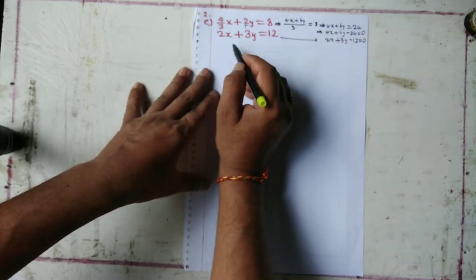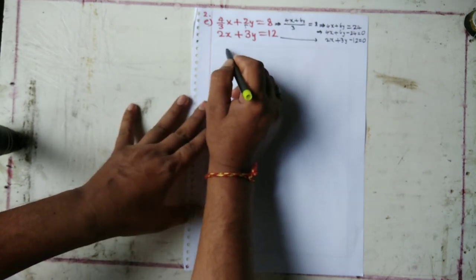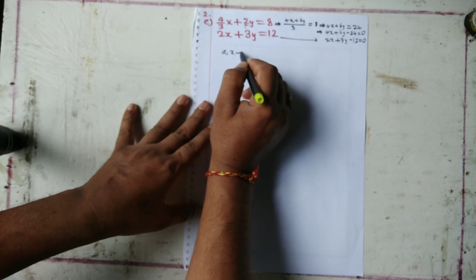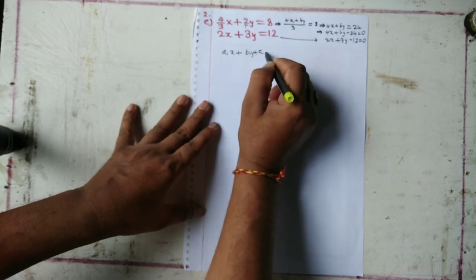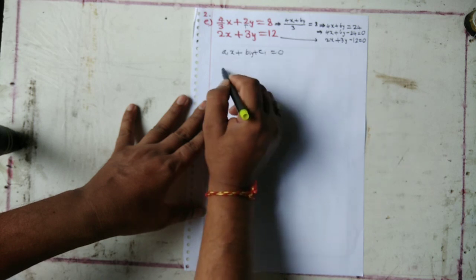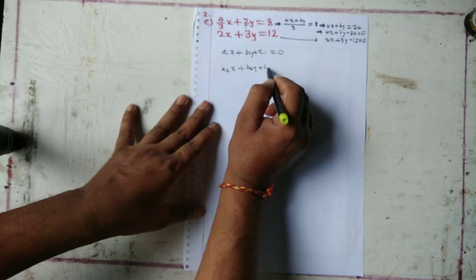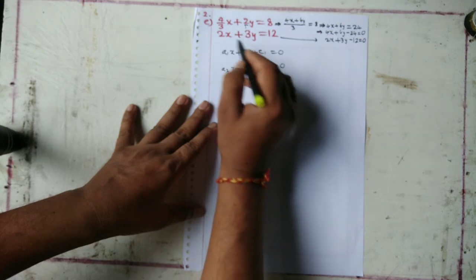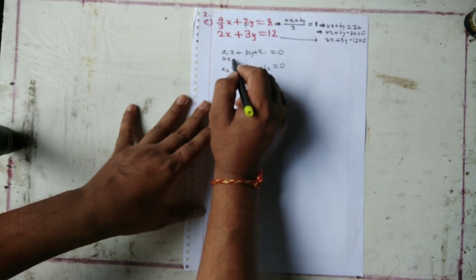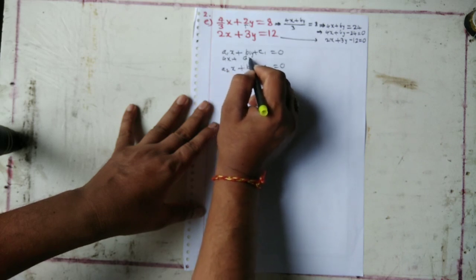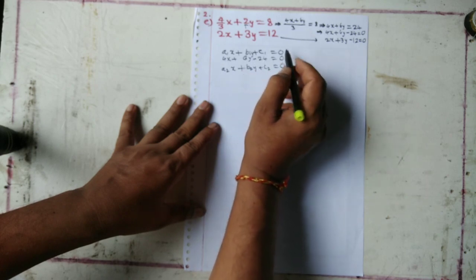On comparing these equations with the standard forms, a1x plus b1y plus c1 is equal to 0 and a2x plus b2y plus c2 is equal to 0. First equation, 4x plus 6y minus 24 is equal to 0.